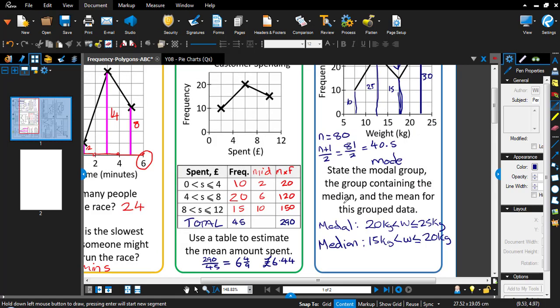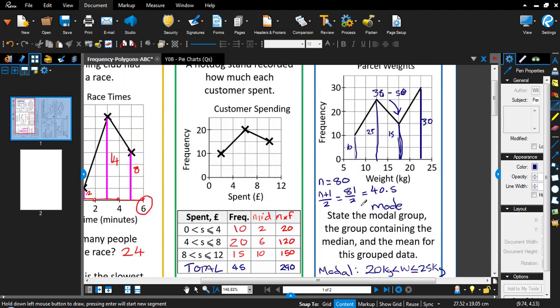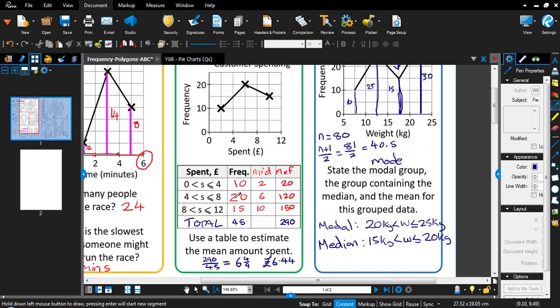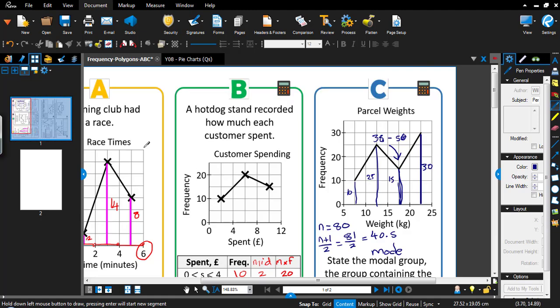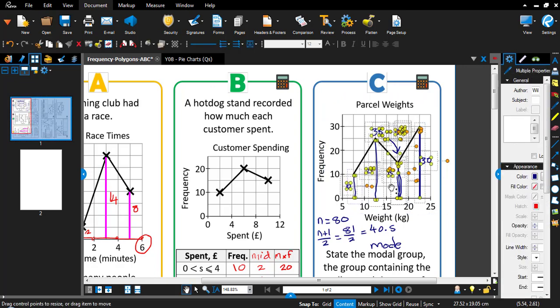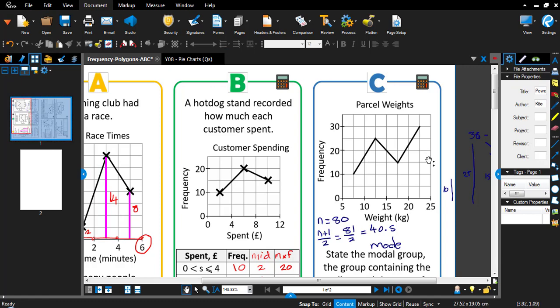Okay, the final thing, we're looking for the mean for this grouped data. Well, we can only estimate the mean, and it's the same as we do here. So it's the mid value times the frequency. So what will we do? I'll actually do it on a new sheet because it's only going to get a little bit confusing if we just talk through it.